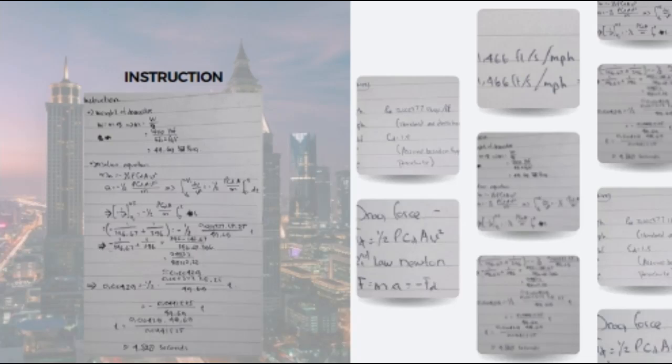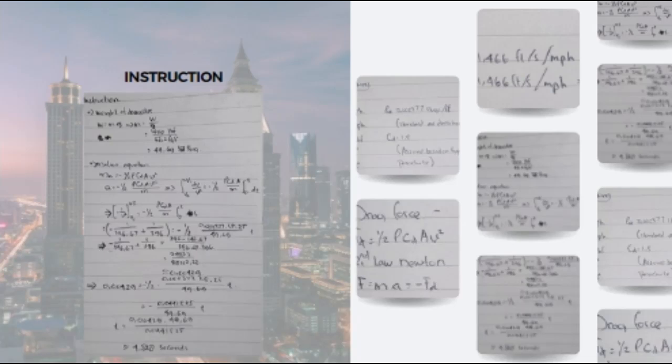So after that we want to find the t with the motion equation, which is ma equal to minus 1/2 times rho times Cd times A times V squared. So we rearrange the equation and it becomes a equal to minus 1/2 times rho times Cd times A times V squared per m.